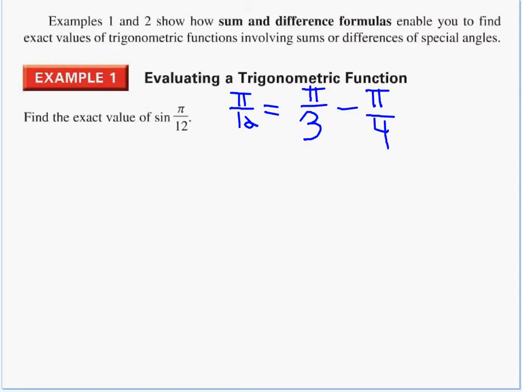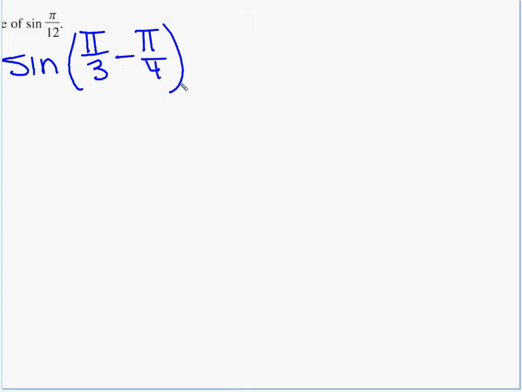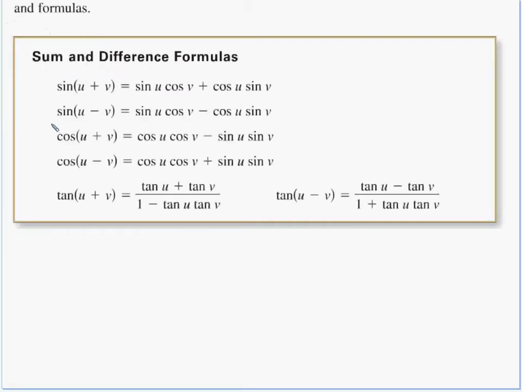So we're going to rewrite this sine of pi over 12 as the sine of pi over 3 minus pi over 4. Now we go to our formula. We're going to the sine of a difference formula. So this is the one we're going to use. Sine of a difference is sine cos minus cos sine.